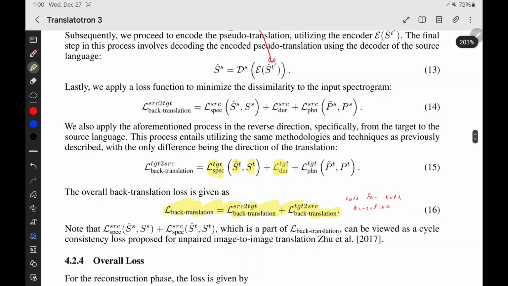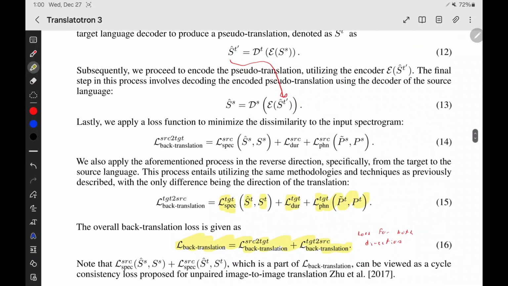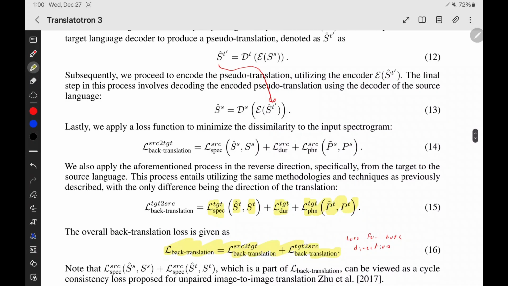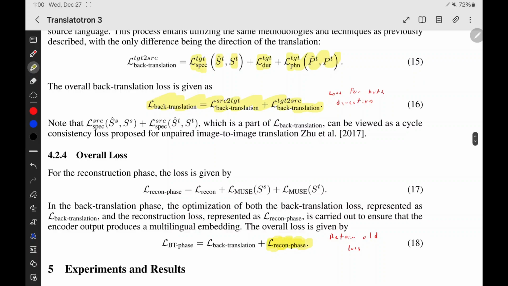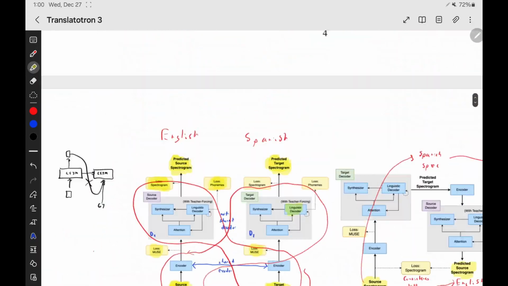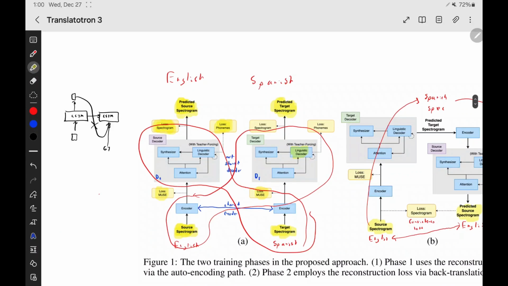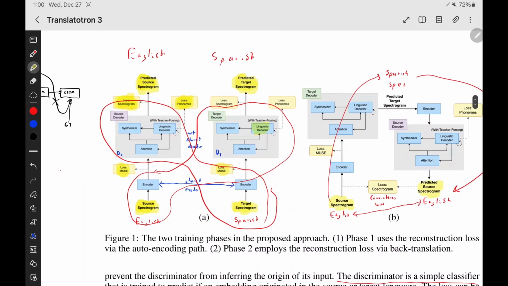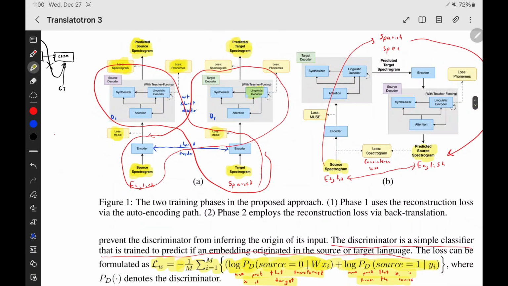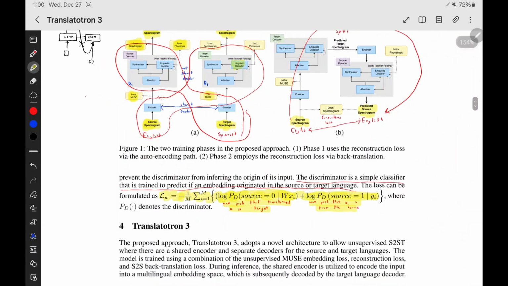But you also keep in the duration and phoneme losses. So all the losses you had before, you keep those in there as well. That's shown here. So you have the first phase losses, which had this reconstruction loss, this phoneme loss, this Muse loss. You keep that in there so that the model retains its behavior, so it doesn't completely transform into some other model.